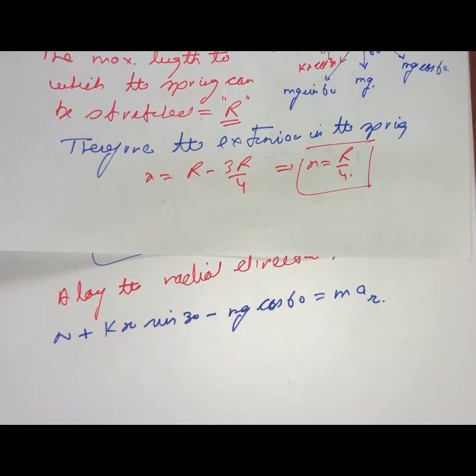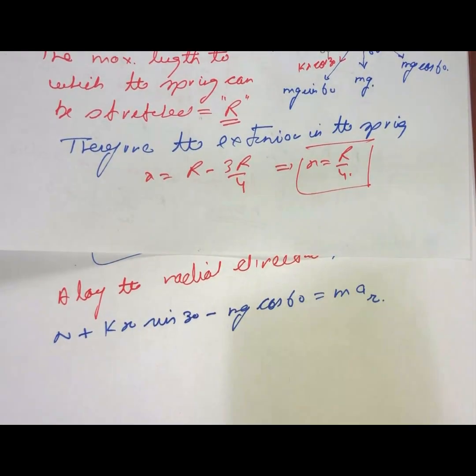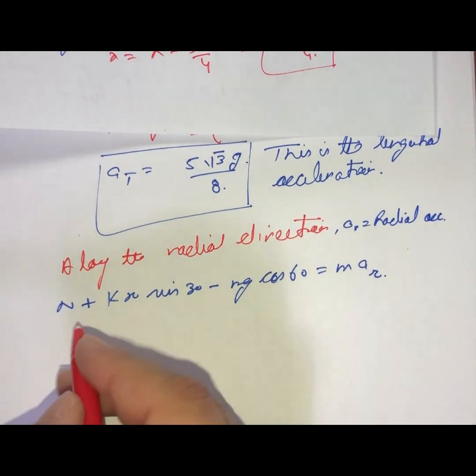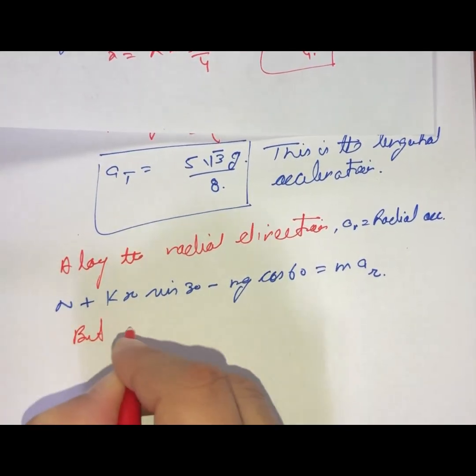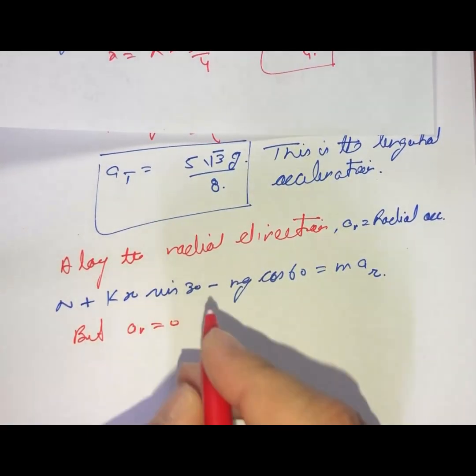But the radial acceleration will be equal to 0, because it is not moving along the radial direction. So a R is equal to 0.